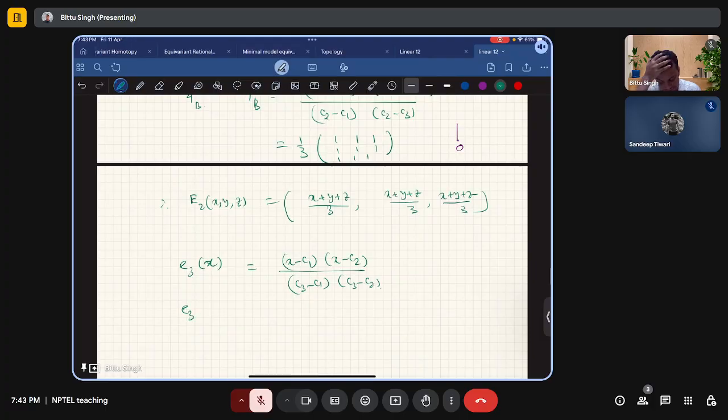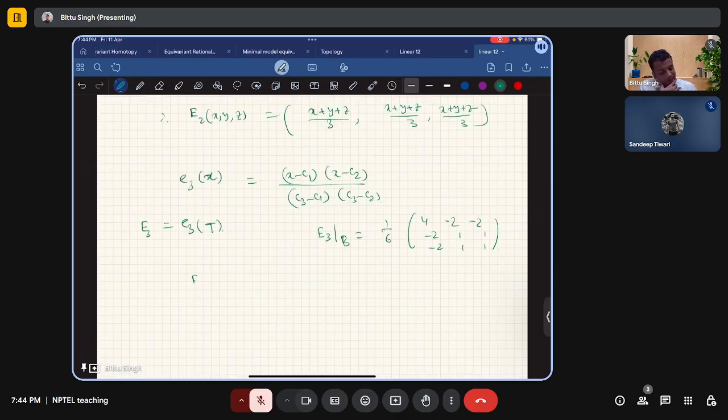So E3T, that is E3, is same as E3T. So the matrix representation of E3, you can easily check, will be 4, minus 2, minus 2, minus 2, 1, 1, minus 2, 1, 1.